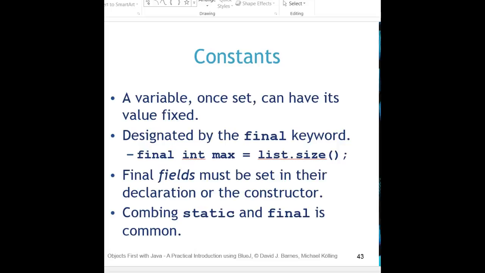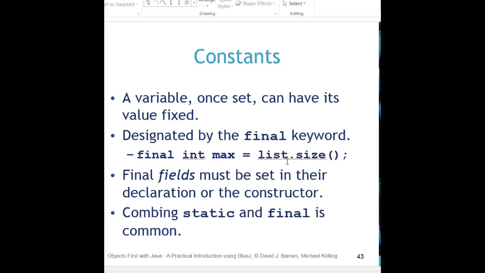Another thing that we use the static keyword for frequently is to define constants. Constants are very similar to variables, but they cannot change their value during the execution of an application. So their value is fixed. For example, we have the size of the integer, designated by the final keyword here, and it could be maybe 10, 20, and so on.